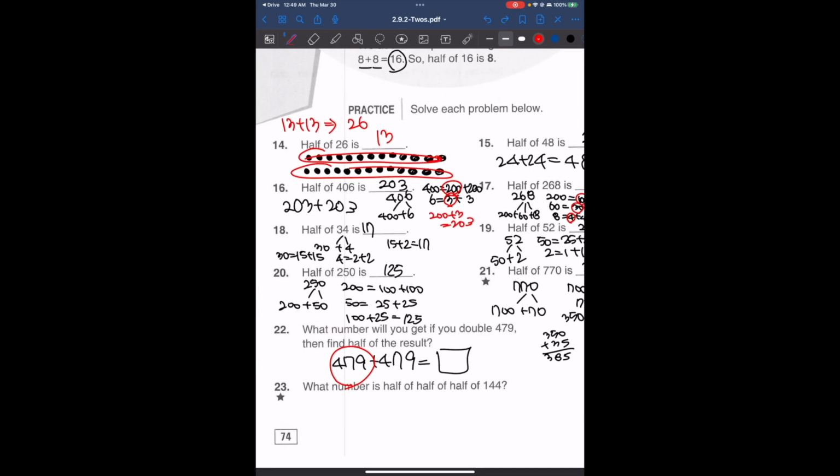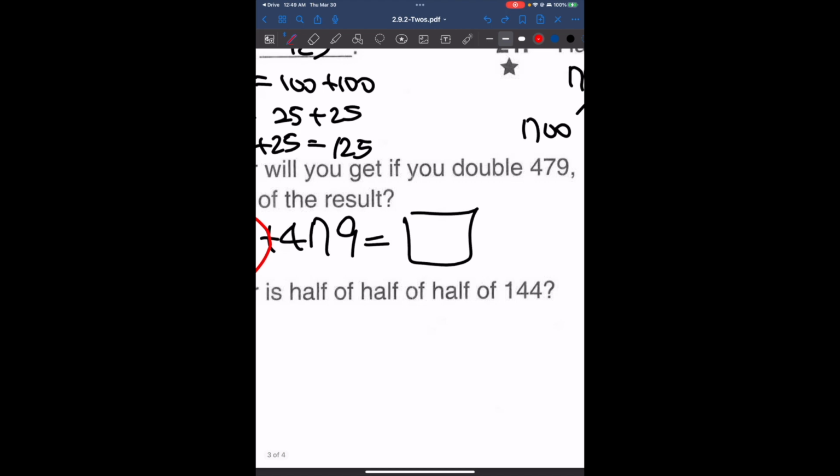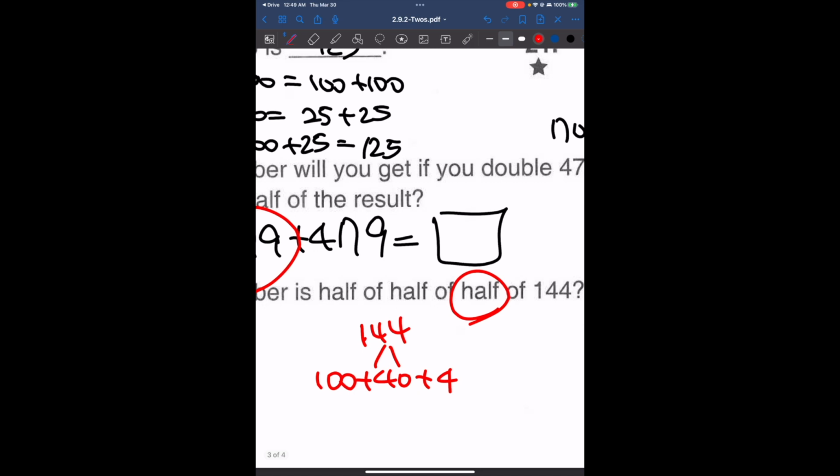The next problem asks, what number is half of half of half of 144? So let's take the first half. Let's split that into 100 plus 40 plus 4.